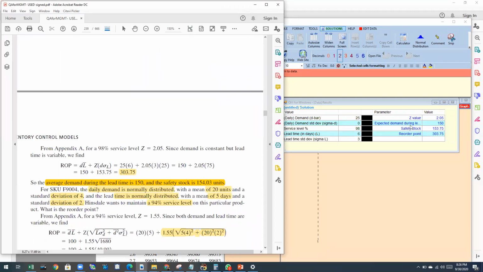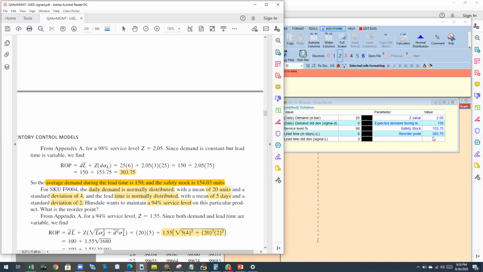The expected demand during lead time is 150. Yes, demand is constant, which is 25 multiplied by average lead time of 6, that gives us 150. And a safety stock of 153.75, for a reorder point of 303.75.